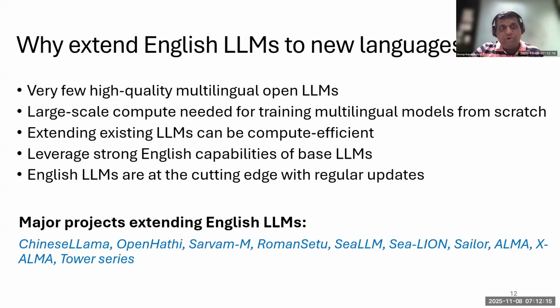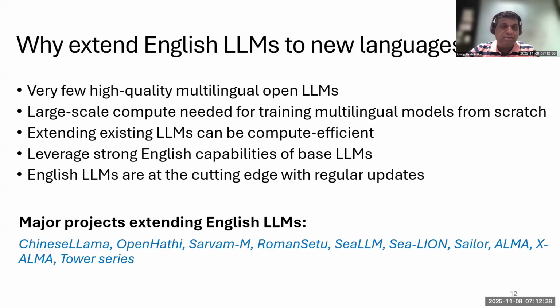So what we look at in this tutorial is an orthogonal approach. There are a lot of English models already available which are very strong, so can we extend these LLMs to new languages? This can be more compute efficient, and can leverage the strong capabilities of these models in English.